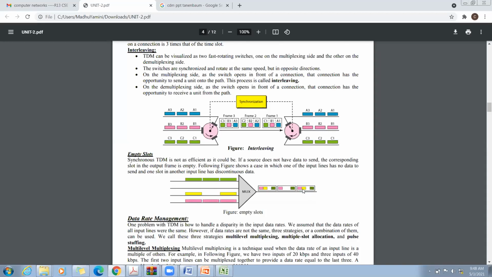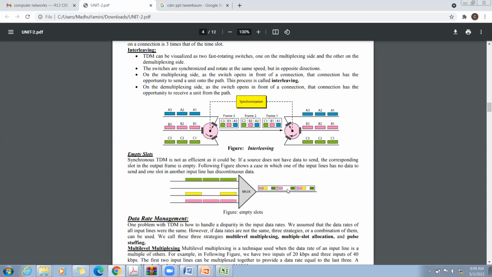C is transmitting the data, D is transmitting the data. For this one also, A is transmitting the data, B is not transmitting the data, C is not transmitting the data, and D is transmitting the data. Hence, the resultant frame will be A and D transmitting the data.